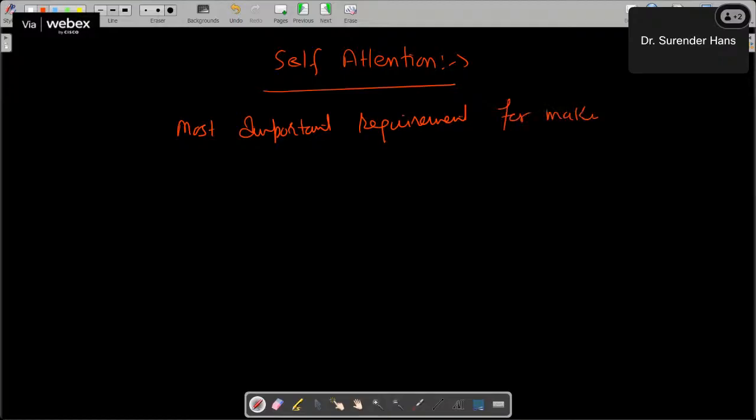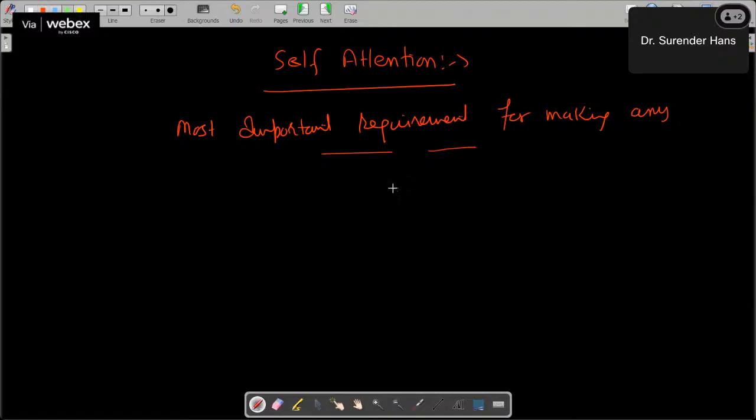Either you are doing sentiment analysis, or named entity recognition, or machine translation. For any NLP task, what is the most important requirement?